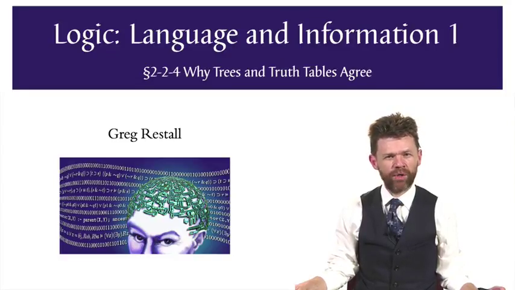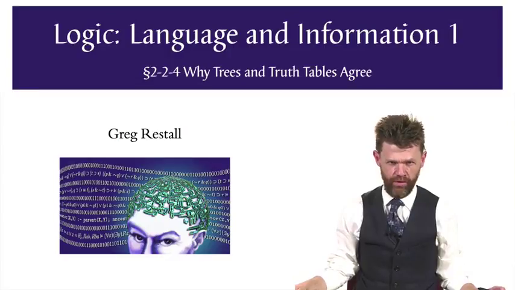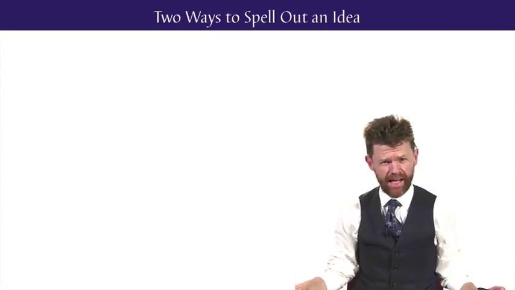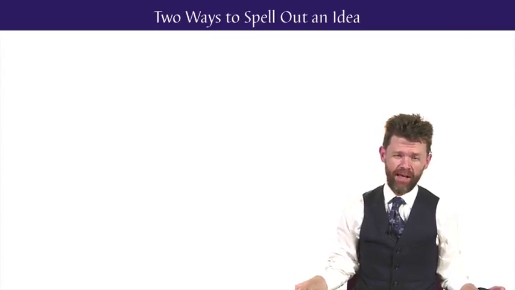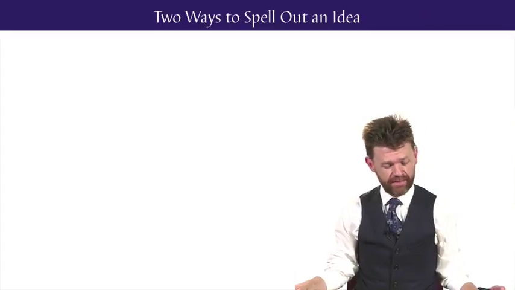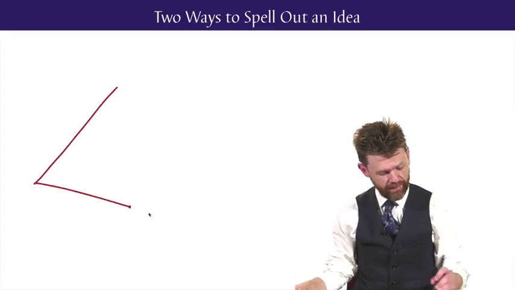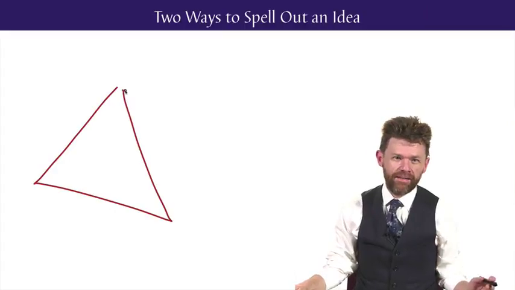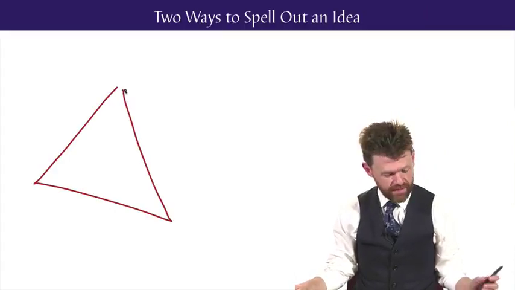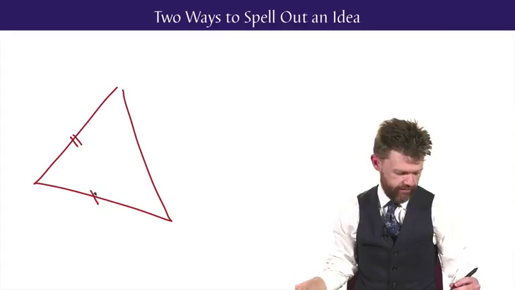This is moving from learning how to use tools to analyze logical relationships to understanding how these tools work. Here's an analogy. Maybe you remember some elementary geometry and the idea of an equilateral triangle. This is a triangle in which all of the sides have the same length.